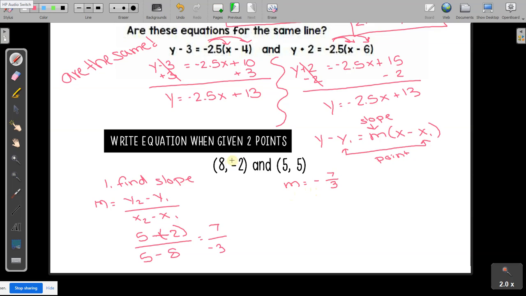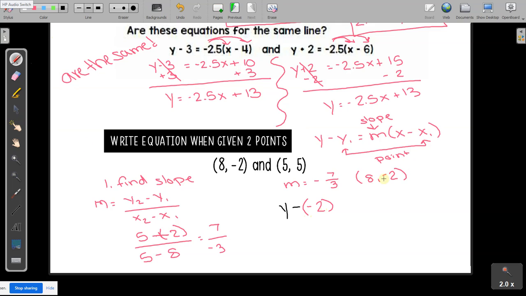And then we have the point, which we're going to use our first point, 8, negative 2. So we're going to use the skeleton. y minus. We need something here. So we need our y value, which is negative 2.